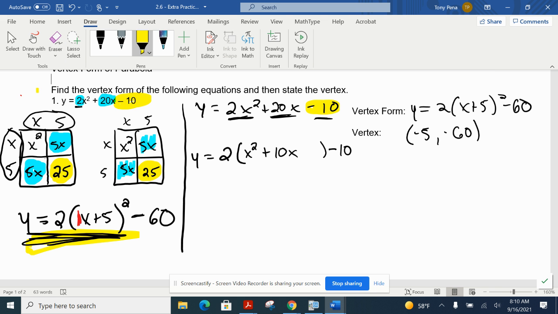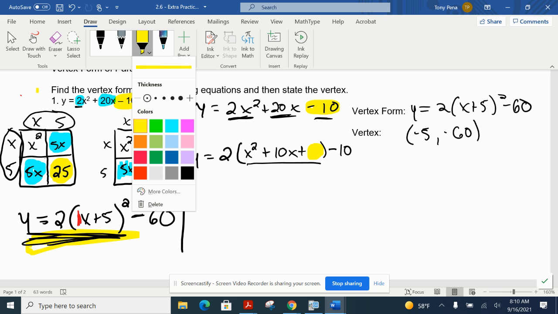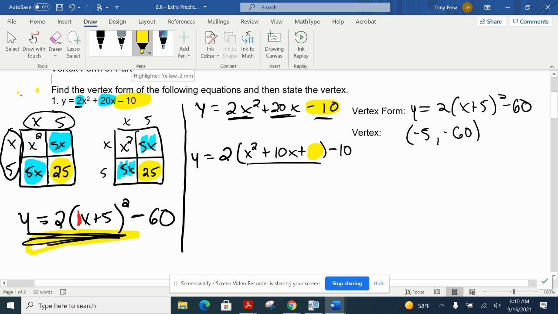What I want you to now do, and this is what we did most of last week, if I gave you this, what would make this a perfect square? So fill in that number right there. Should be really easy because you have the squares over there to look at.